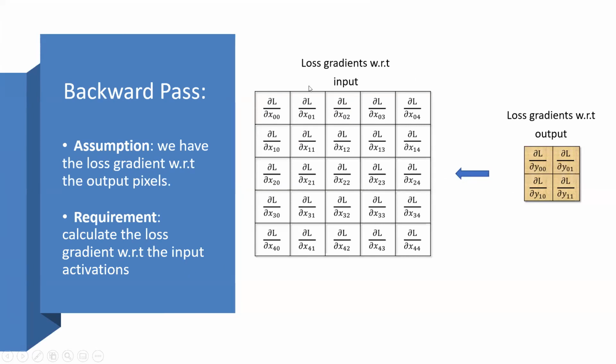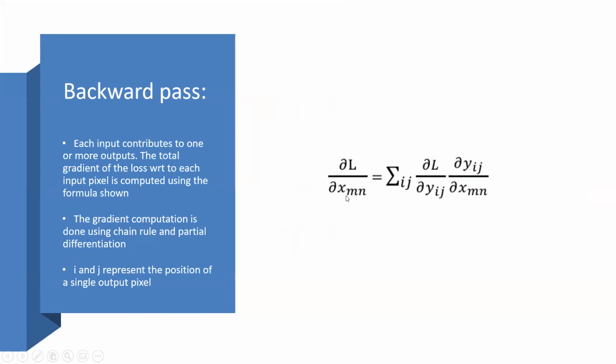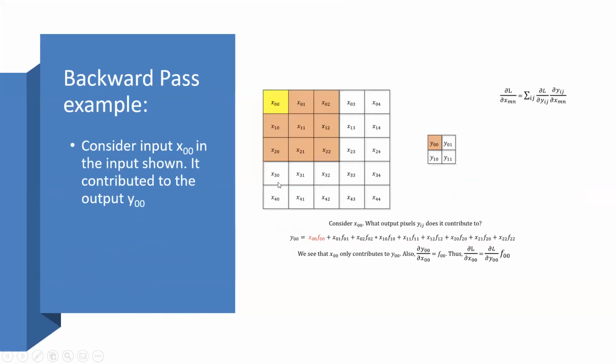And remember, the loss gradients with respect to the input need to be the same size as the input, 5 by 5, but you can see that our output is 2 by 2, meaning we need to upsample the loss gradient so that it can be the same size as the input. So this is the formula. It's the same formula that has been explained in the previous part. Sherry just explained it.